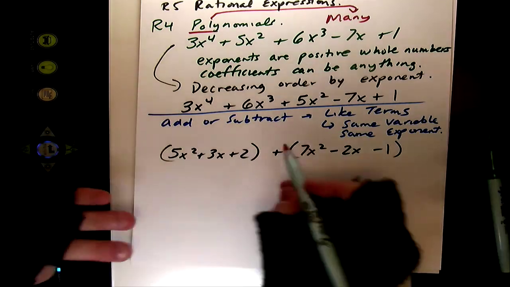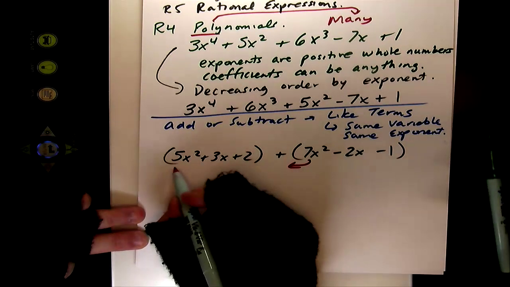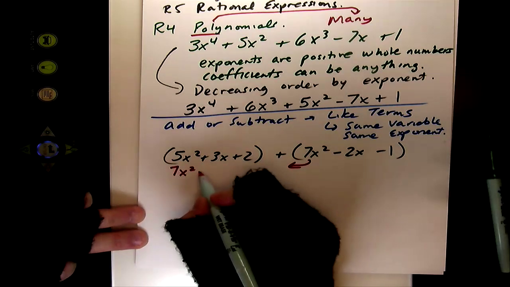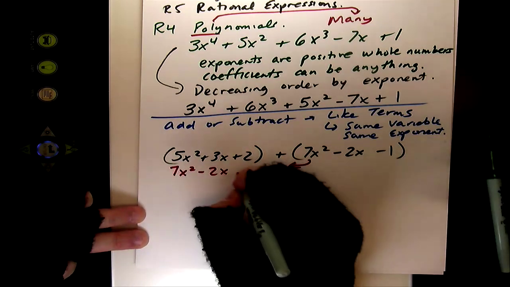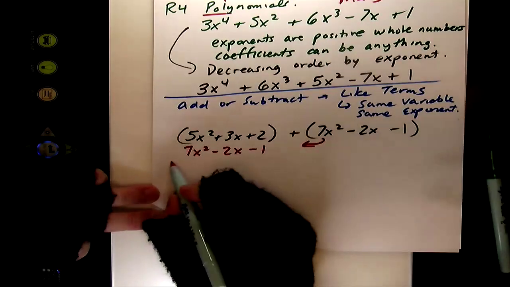If I wanted to, I could instead line these up underneath, same term, same variable, same exponent kind of thing, and add them vertically.